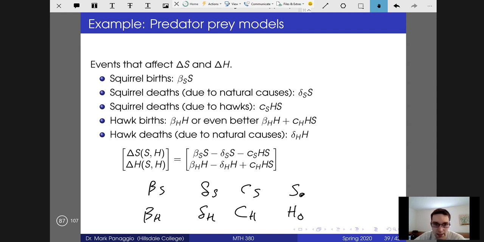And estimating many of those things would be difficult. You could imagine doing a little bit of research to see if biologists have estimated birth rates and death rates for squirrels. But my guess is that's not going to be readily available information. And so most likely what you'd have to do is fit this to the data.